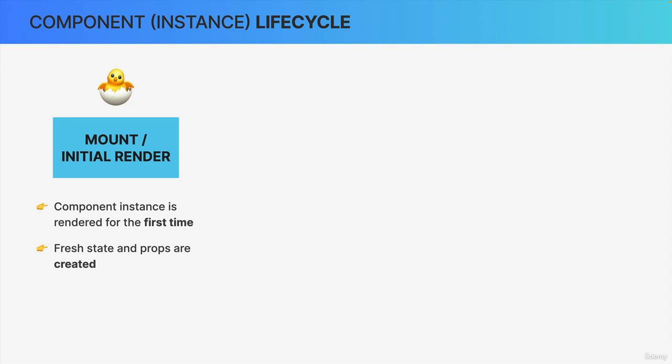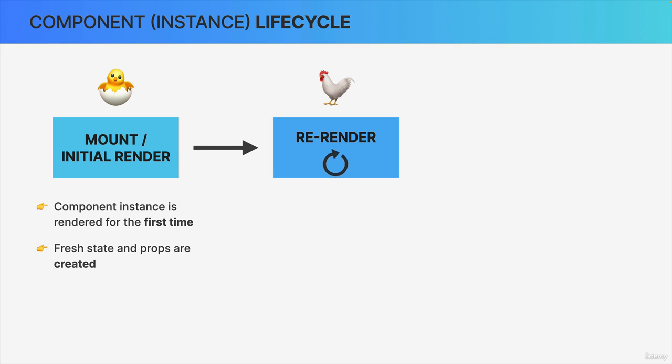Now, once the component has been rendered and is on the screen, it can be re-rendered an unlimited number of times. Now, as we learned in the previous section, a React application is re-rendered whenever there is a state update, right? However, back then, we were only talking about the entire application, not about one specific component instance.